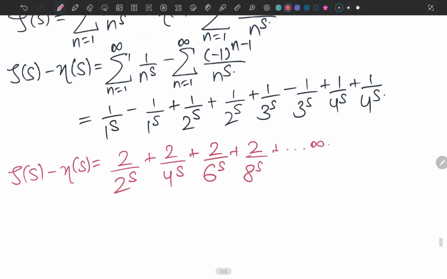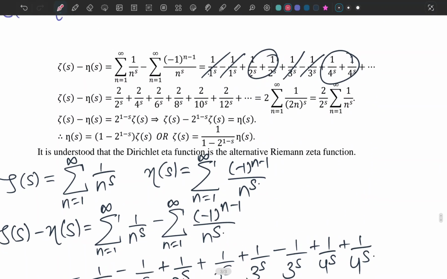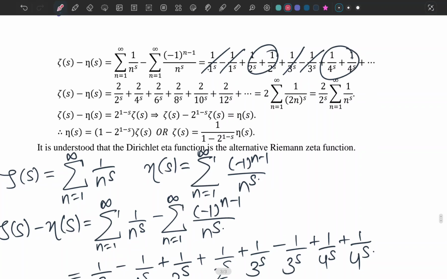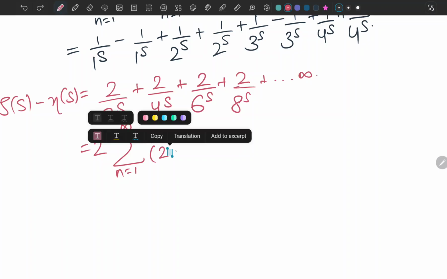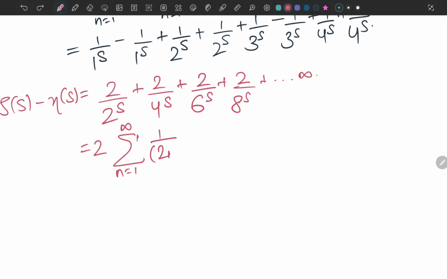Okay, so now we can factor out 2 here, so that's going to be the infinite sum as n goes from 1 to infinity of 1 over 2n to the S, right? So this is what we have.